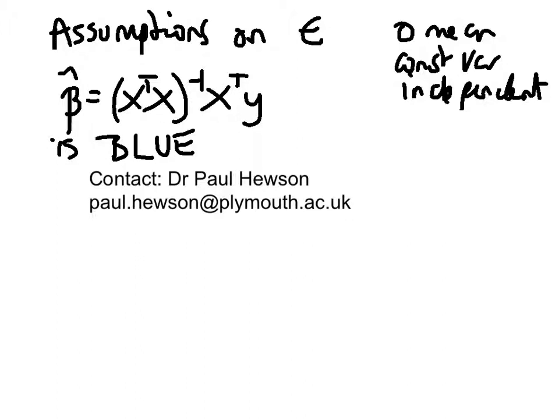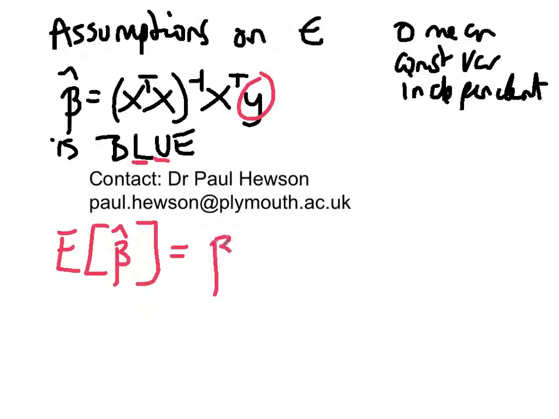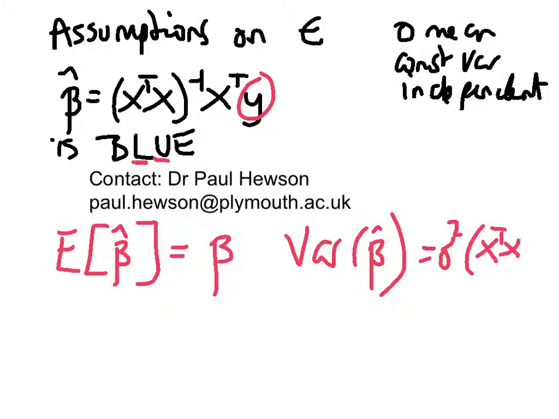So we've explained what we mean by linear. This is just a simple linear function of y, the estimator. We've explained what we mean by unbiased, because we've shown that the expected value of beta hat is the quantity we're trying to estimate. We've also just shown that the variance of beta hat is given by sigma squared (X^T X)^-1.